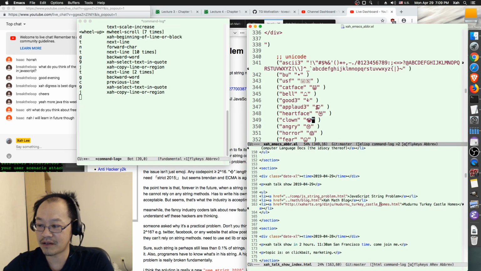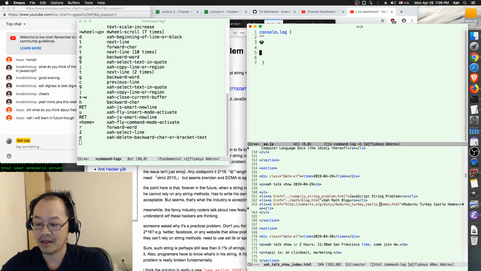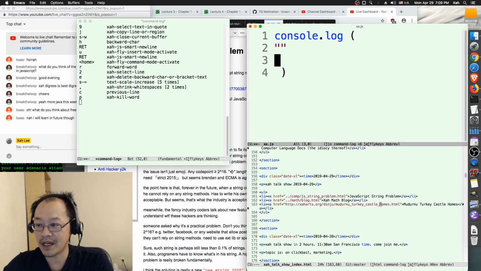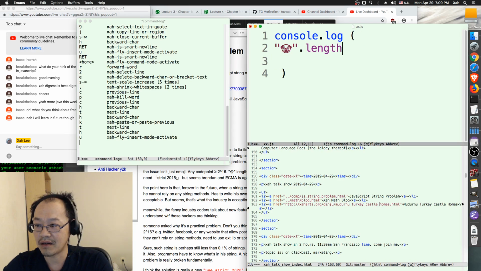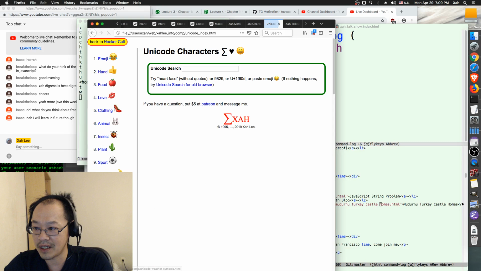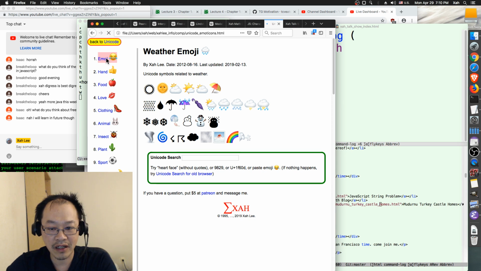No, I want to use the clown. Okay, clown. You see a clown? Hold on a second, magnify. You see, we got a clown character. And let's see what the length is. Wait, I'm sorry, but the clown character is just too complicated to see well. So let's switch back to the crying with tears of joy.